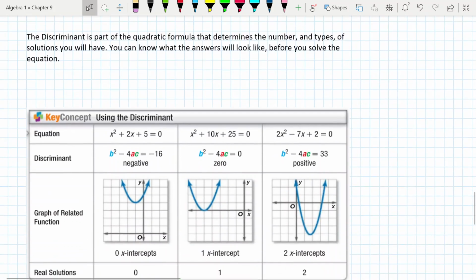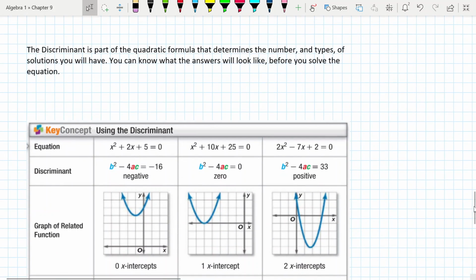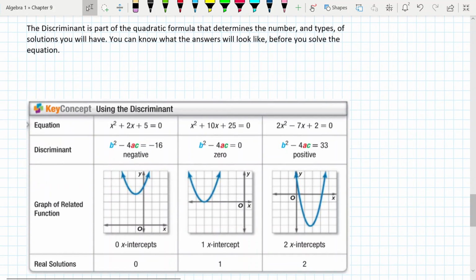Now, the next part that I want to talk about is something called the discriminant. Basically, it tells you how many solutions there are. It doesn't tell you what the solutions are, but it tells you the number and the types of solutions, which can be pretty handy.